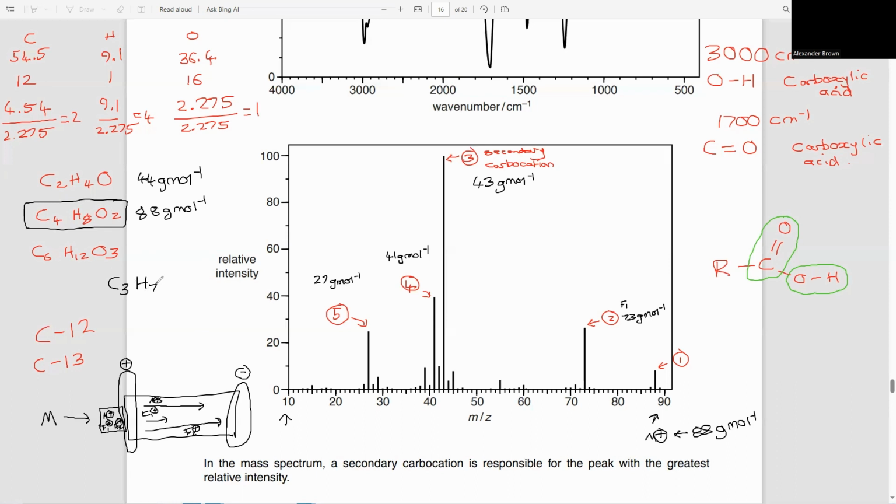And C3H7 generally refers to a carbon chain of 3. Okay.